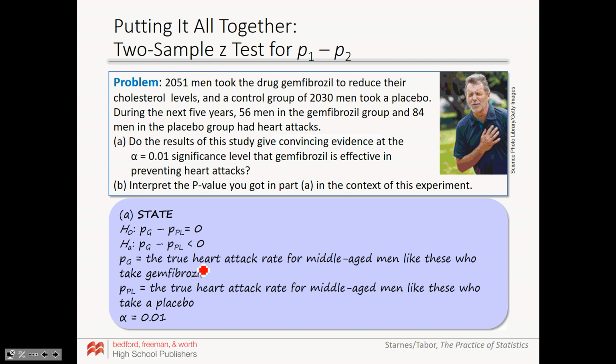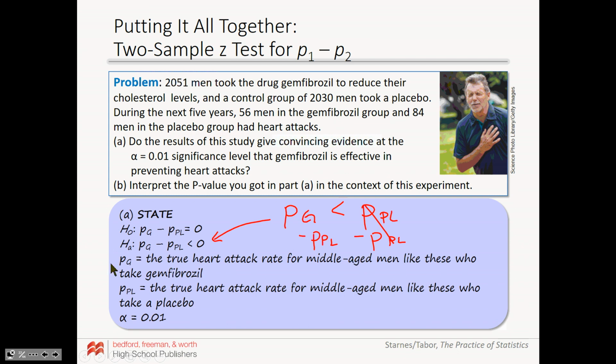If I were to write this out, the people in the treatment group should have fewer heart attacks than the people in the placebo group, right? Well, in order to get my alternative hypothesis to look like that, I can subtract from both sides, right? In other words, that's saying the proportion of heart attacks from the G group minus the proportion of heart attacks from the PL group, or placebo group, is going to be less than or equal to 0.